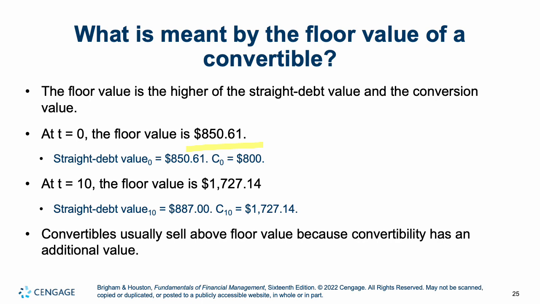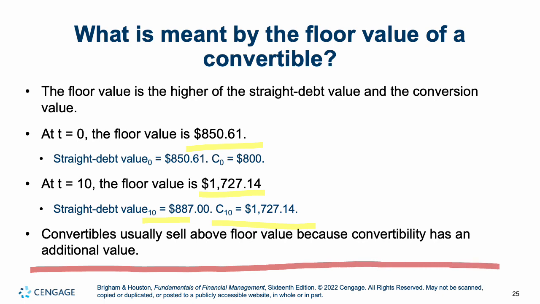At year 10, the floor value is our conversion value, which is a lot higher than the straight debt value. Convertibles usually sell above floor value due to the fact that convertibility has additional value, as we saw before. So even though our floor value at time 0 is $850.61, that bond is going to sell at that $1,000 because the convertibility function has value to it.